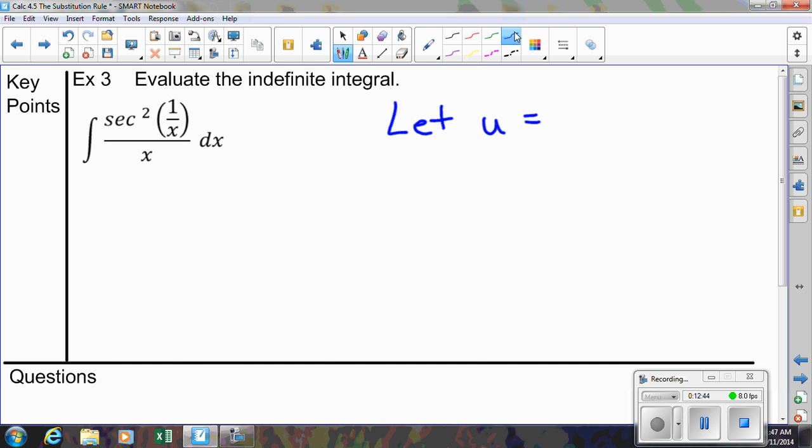Well, we should be able to see the 1 over x inside the secant squared function. And so we could take the guess 1 over x. Now, of course, we know secant is also an inside function inside a squared function. So why aren't we saying let u be secant of x? Mostly because we have a formula for secant squared.